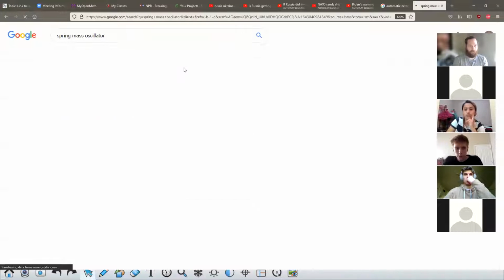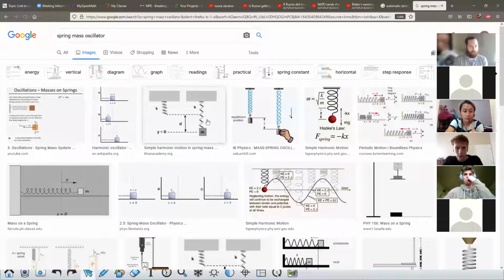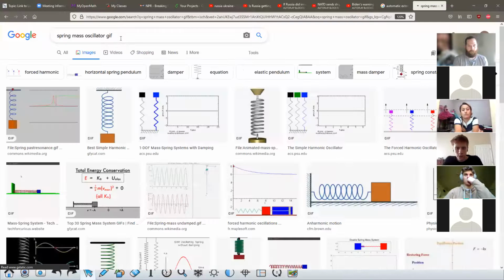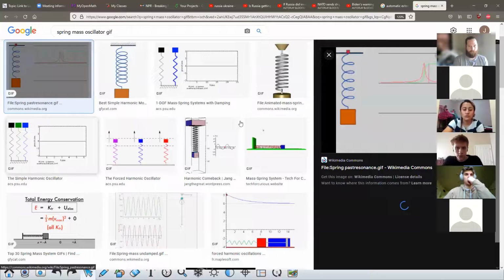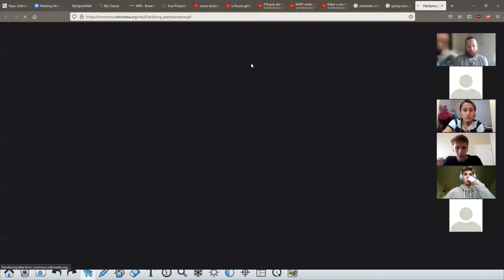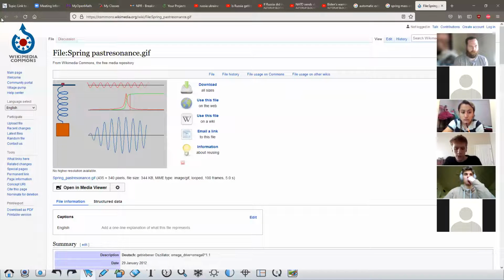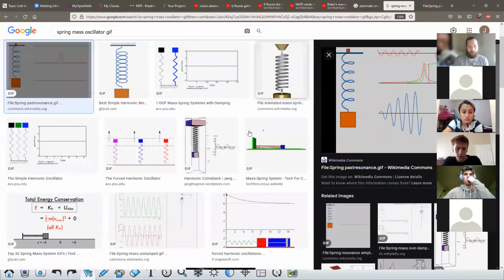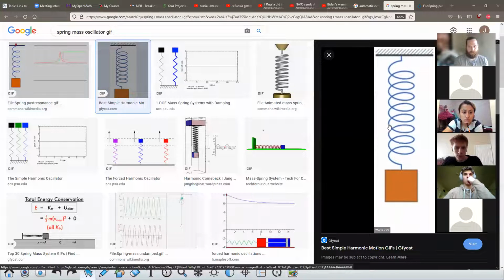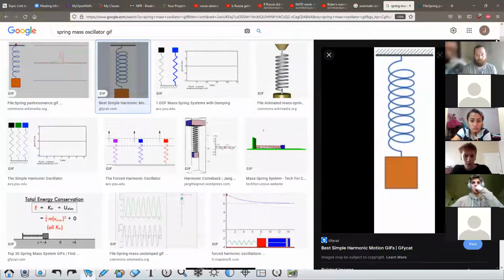If you take a spring and you attach a mass to it and you pull that thing down, assuming there's nothing else going on, no friction. Oh, this has a driving force. We don't want a driving force. You will get what's called a harmonic oscillator. Here you go, simple harmonic oscillation.